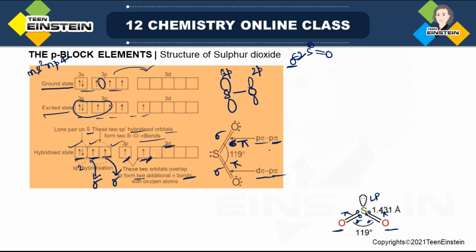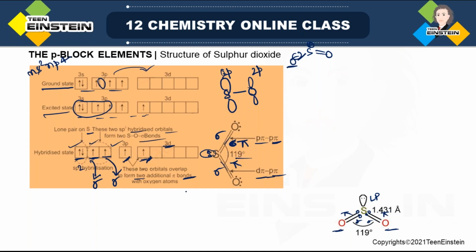So these are the important features of sulfur dioxide, and we know that when it is sp2, it has trigonal planar geometry. So that is coordination number 3. One coordination site has a lone pair, this is number 2, this is number 3. And the standard angle that should be present is 120 degrees.